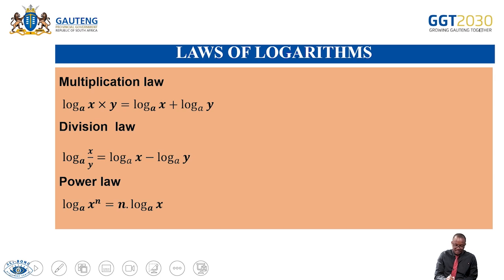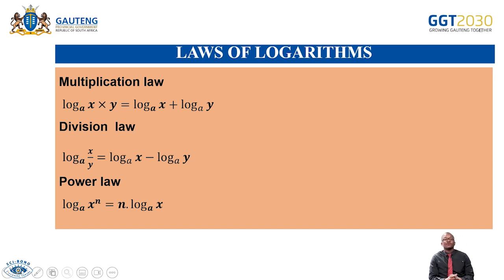Now, let's move forward. We're now entering into the laws of logarithms. Remember, there are many, more than 3, but let's look at the first 3. The first one says, if we have a log of base A, x and y are just numbers of the log, they can be any numbers.